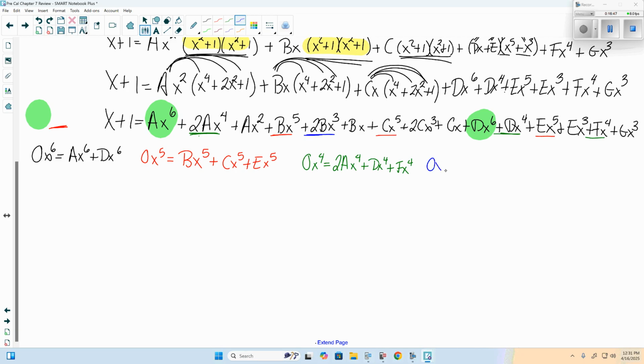Still don't have an x cubed. But if we did, our 2bx cubed plus 2cx cubed plus ex cubed, gx cubed should also give us 0.